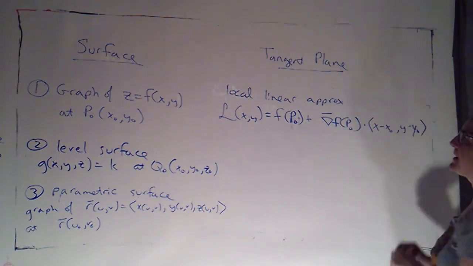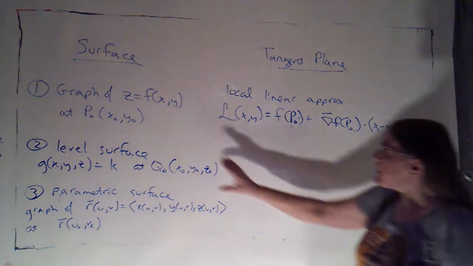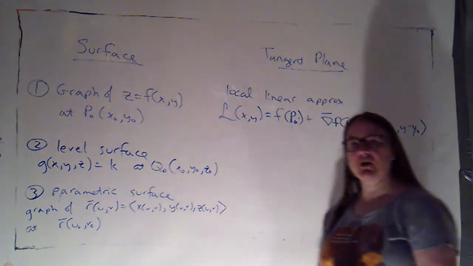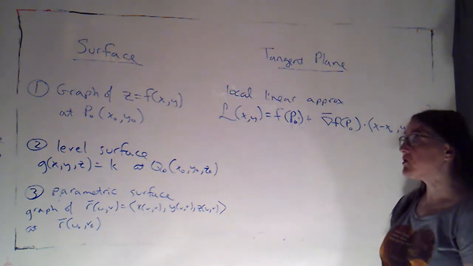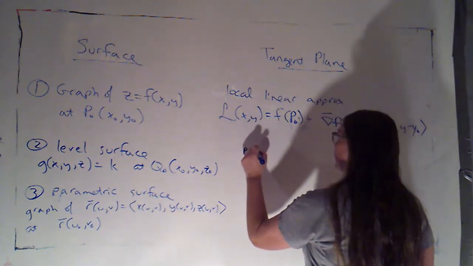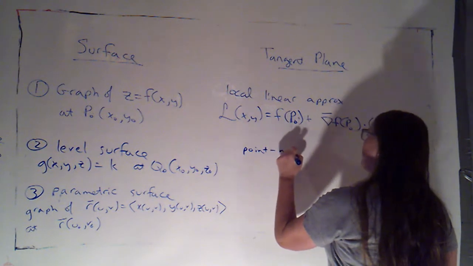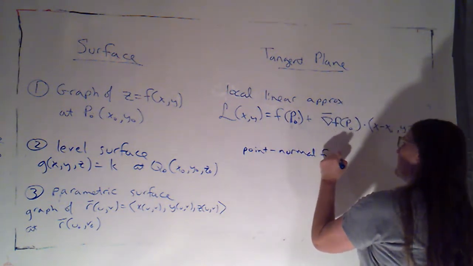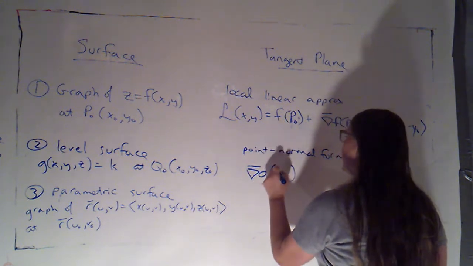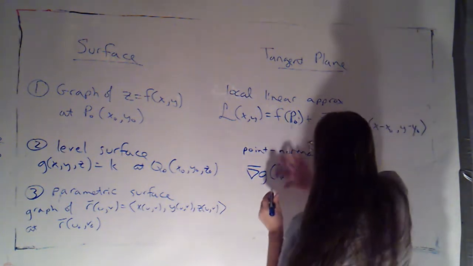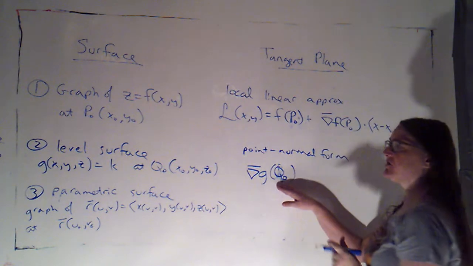And we get the change by dotting the rate of change vector with the amount of change vector. Okay. Now, if we're working with a level surface to a function of 3 variables, here I'm just going to use point normal form. Where what's normal is going to be the gradient of g at q naught, at the point of tangency.